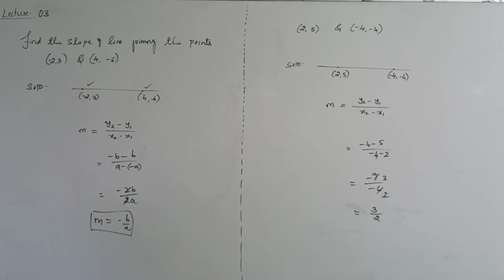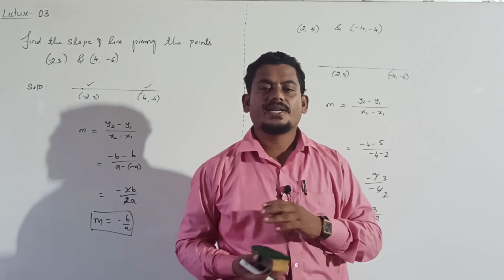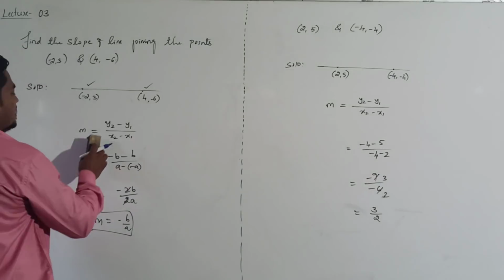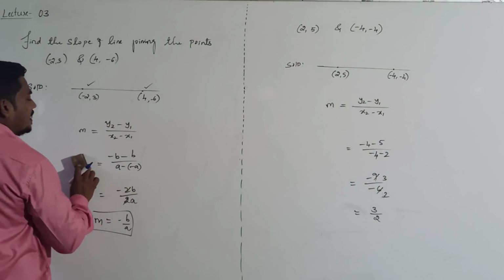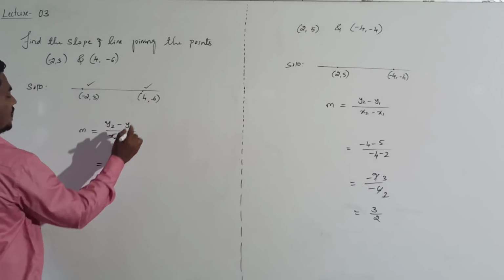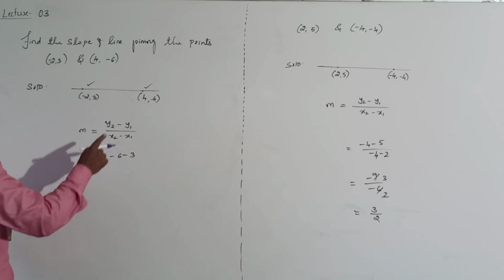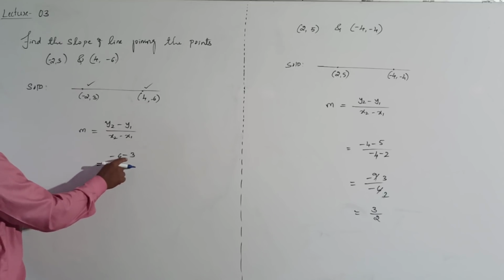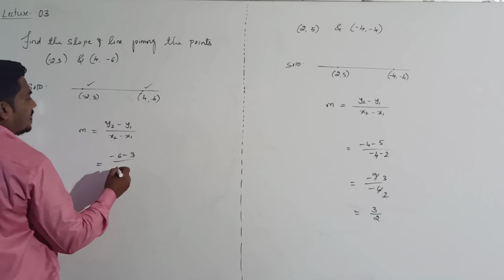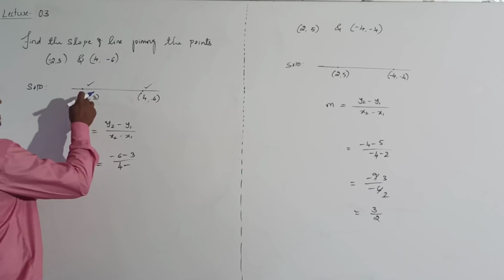Same formula, slope of line joining 2-point formula, m is equal to y2 minus y1 divided by x2 minus x1, then replace all the values. That's equal to y2 is minus 6, y1 is middle minus and 3, that is minus 6 minus 3, then x2 is 4, middle minus, then what is x1 value?